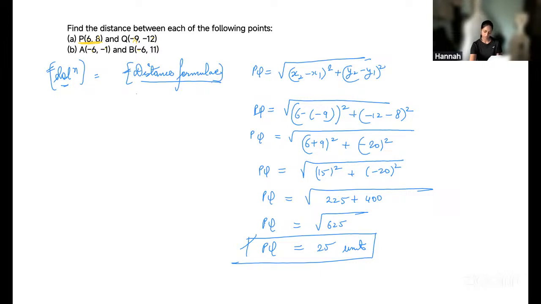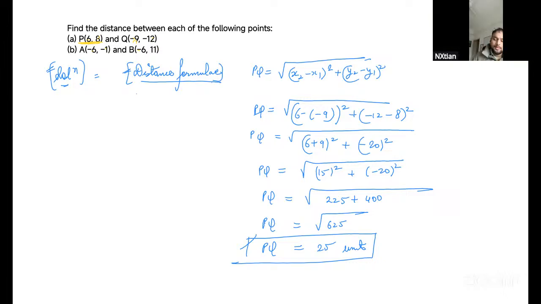So it was like 8 minus 6 whole square plus minus 12 plus 9 the whole square. No, no, no. For example, when two coordinates are given, the first coordinate is considered as x1, y1, and the second coordinate is considered as x2, y2. Okay, Joshua, you got it? Sir, I'm still doing.